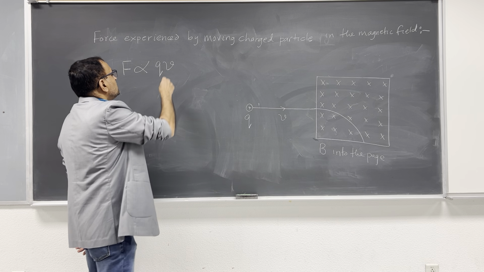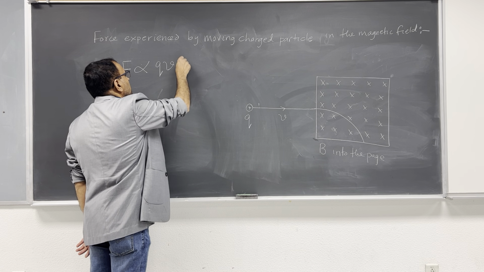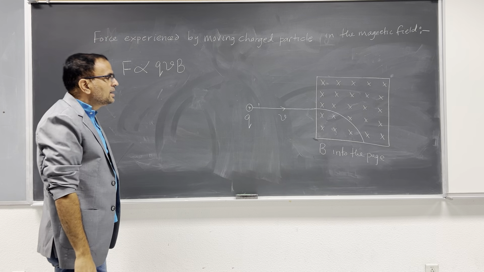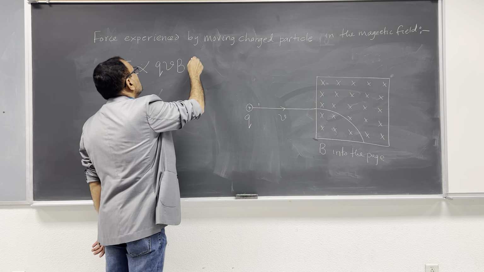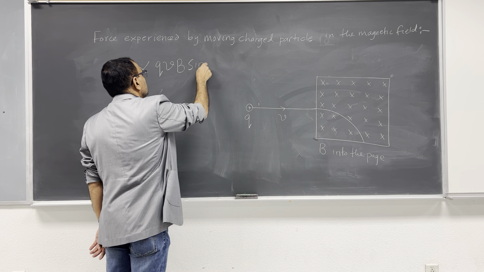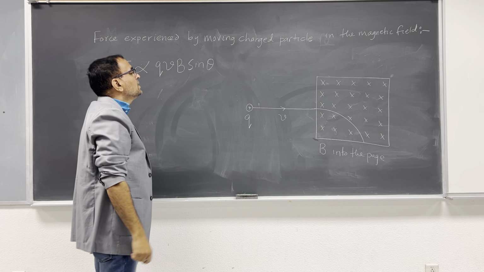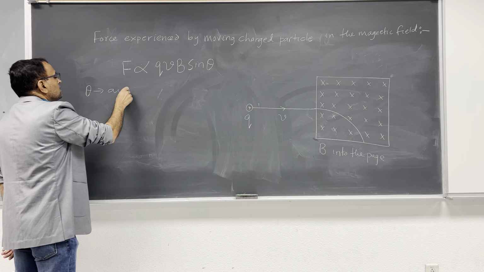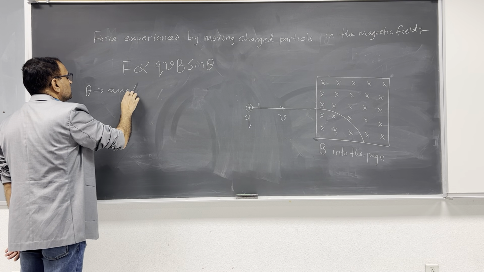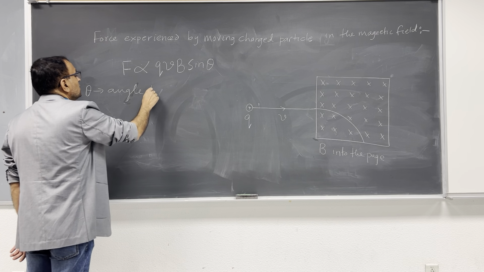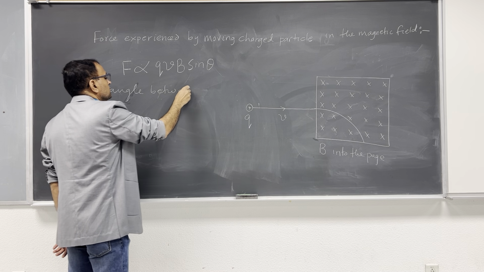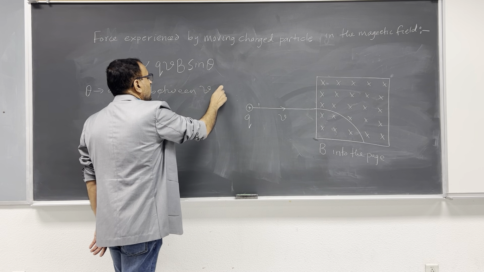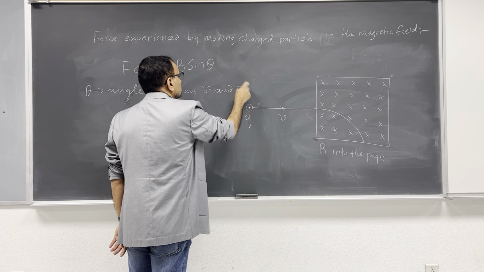The force is proportional to the strength of the magnetic field B, and the force is also proportional to the sine of angle theta. What is theta here? Theta is the angle between V and B.